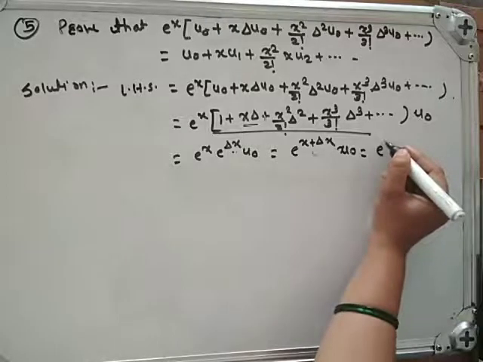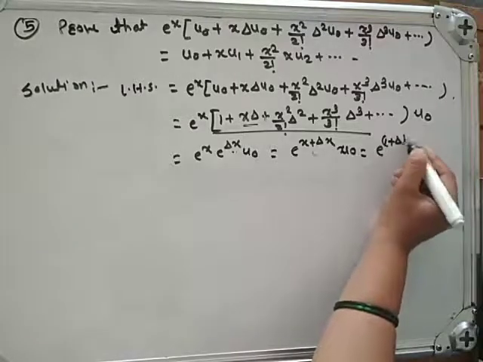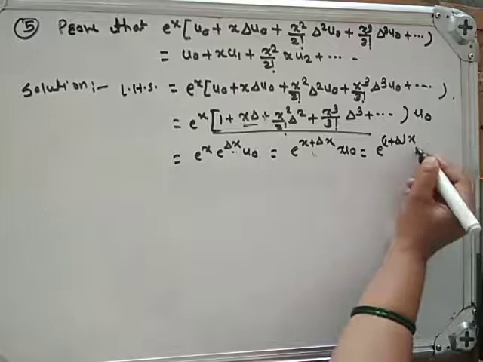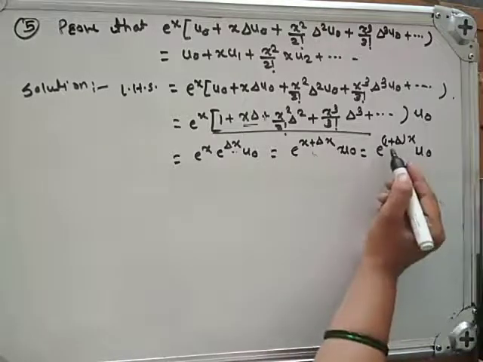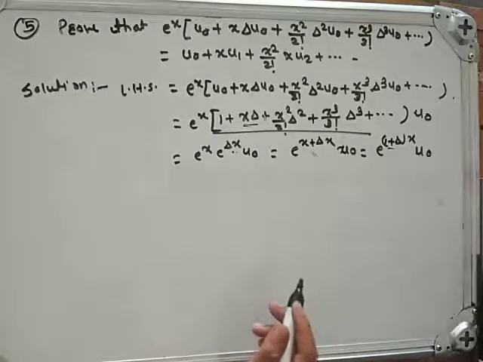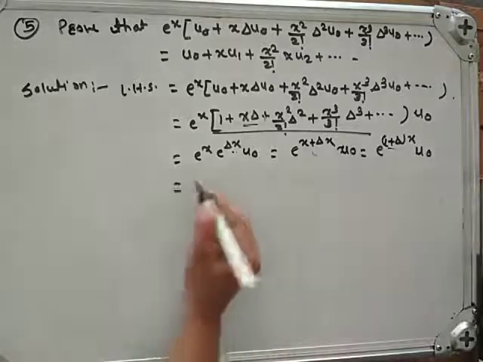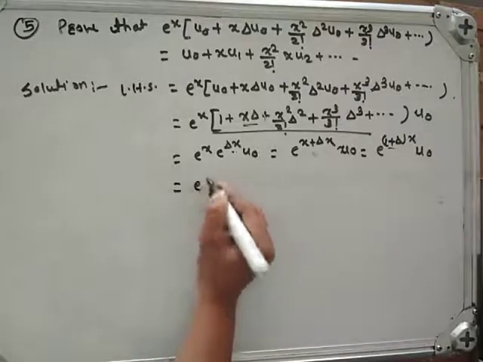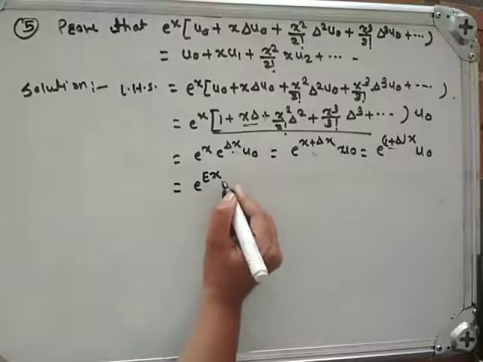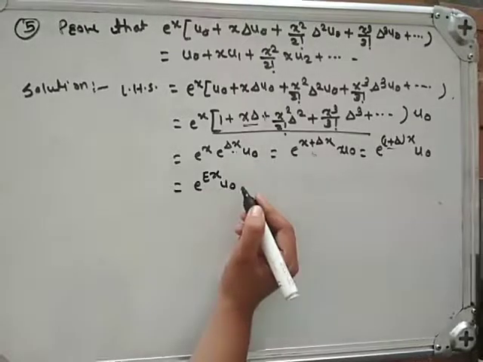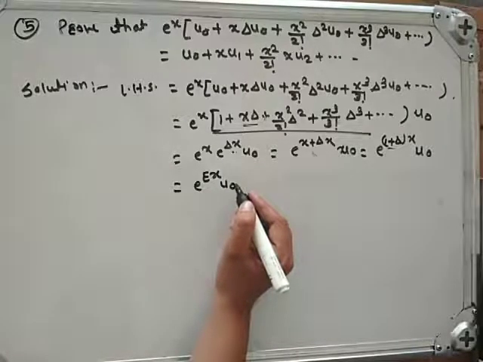e raised to (1 plus delta) into x u0, and we know that 1 plus delta is E, therefore which is equal to e raised to E into x, into u0.